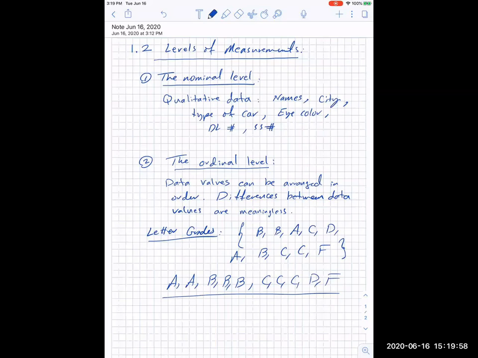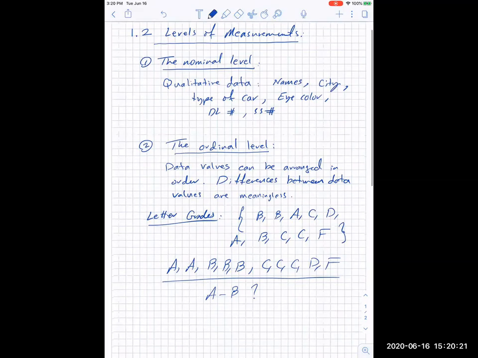Now, it doesn't make sense to subtract A minus B. There is no use for that. It's not going to help you do anything. The differences do not mean anything. Okay, so the difference is meaningless. All right, so that's the second level.